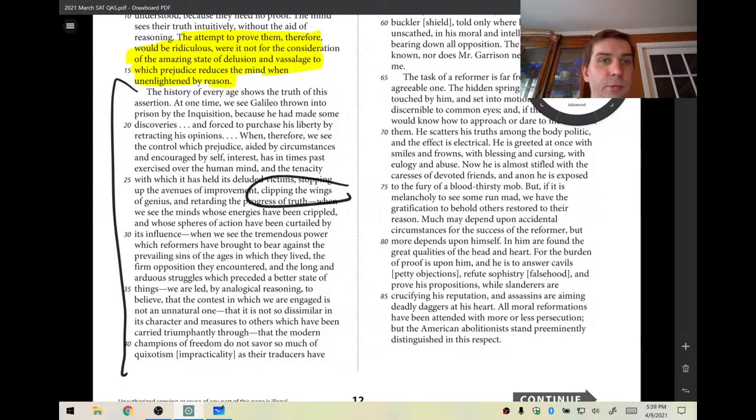I'm going to read this. Yeah, this is really good. When, therefore, we see the control which prejudice, aided by circumstances and encouraged by self-interest, has in times past exercised over the human mind, and the tenacity with which it has held its deluded victims, stopping up their avenues of improvement, clipping their wings of genius, retarding the progress of truth. So that was the metaphor.